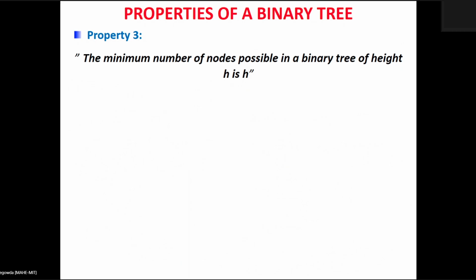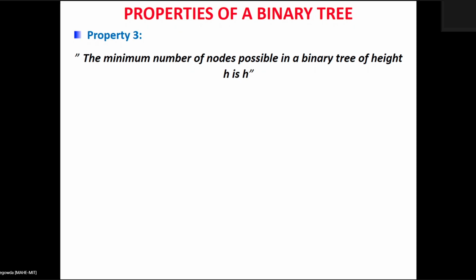Next, we have property number 3, the minimum number of nodes. The minimum number of nodes possible in a binary tree of height h is h only.